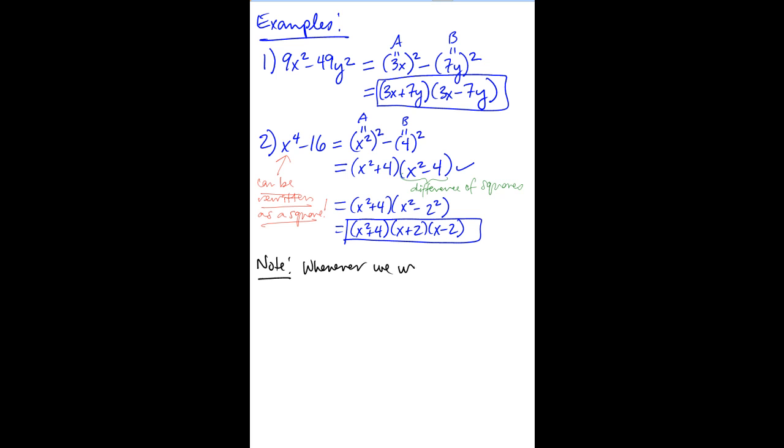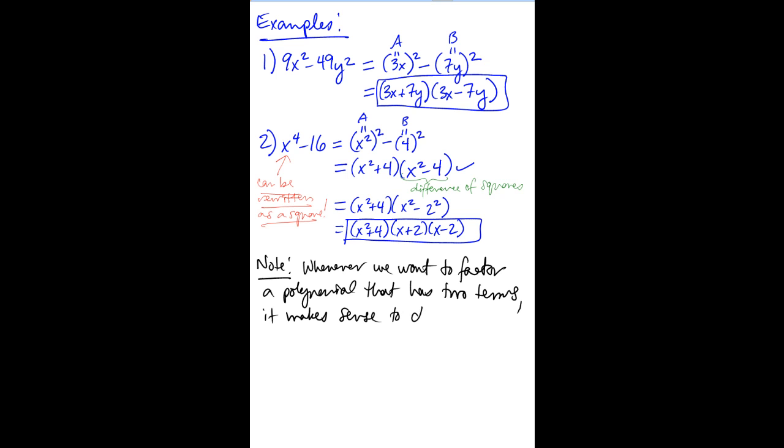Whenever we want to factor a polynomial that has 2 terms, first it always makes sense, of course, to check to see if you can pull any greatest common factors out, but the next thing we want to check is to see if it is a difference of squares, or can be rewritten as a difference of squares. Important thing to keep in mind.